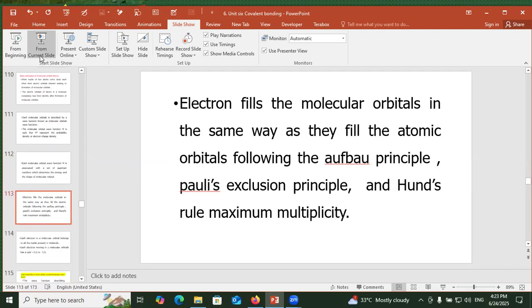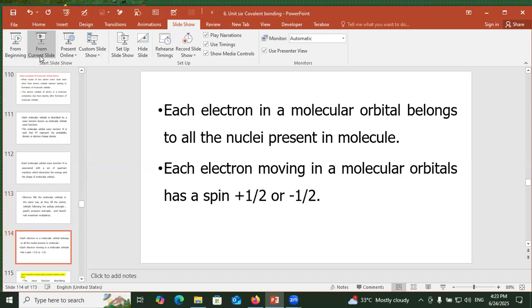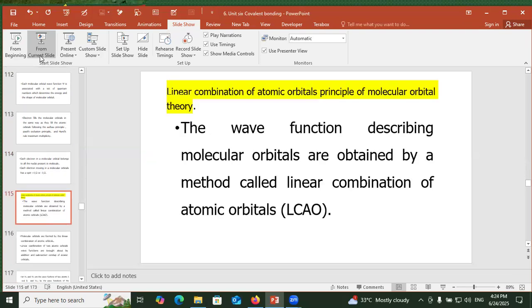Electrons fill the molecular orbitals in the same way as they fill atomic orbitals, following the Aufbau principle, Pauli's exclusion principle, and Hund's rule of maximum multiplicity. Each electron in a molecular orbital belongs to all the nuclei present in the molecule. Each electron moving in a molecular orbital has a spin of plus half or minus half.